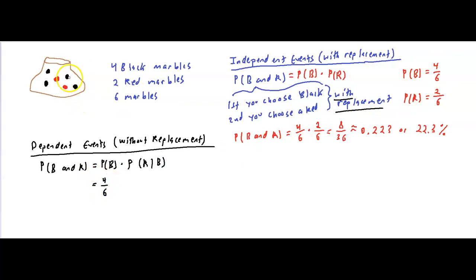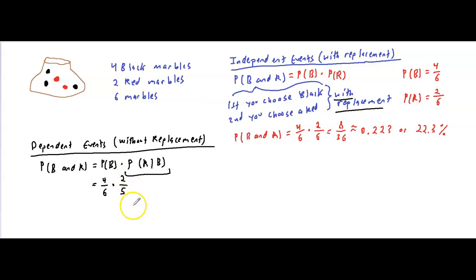But now, I pulled this black, and this is without replacement, so I'm not putting that black marble back in. So the probability is going to change. This is not the same as the probability of just pulling a red. This is pulling a red given I chose a black, but it's pretty simple. I still have 2 red marbles, but now the total is out of 5 marbles.